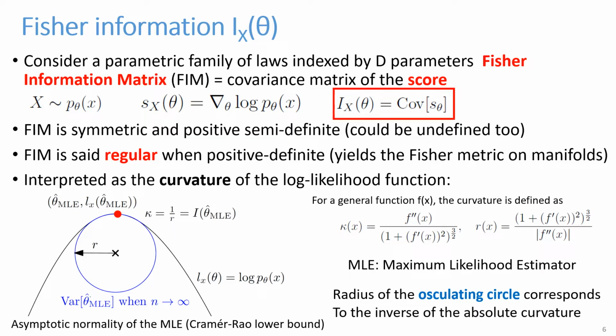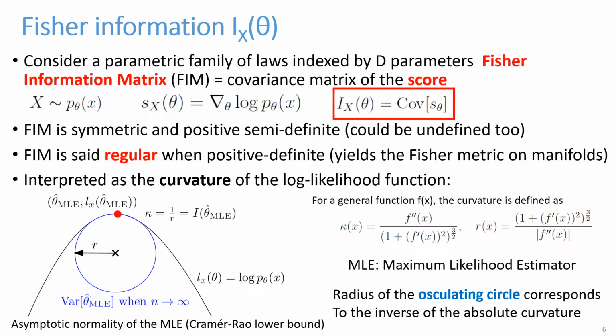Since the Fisher information is a score covariance, it is necessarily positive semi-definite. The Fisher information matrix, shortened as FIM, is said to be regular when it is defined and positive definite, and will allow us to define the Fisher-Riemannian metric.